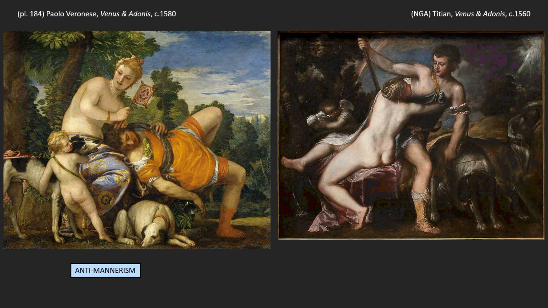Look at the robe that Adonis is wearing. Look at that great striped sort of lemon robe underneath, right? Or Venus's own robe, with the ripples.